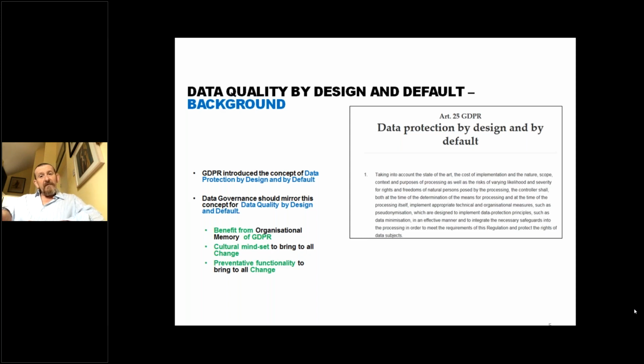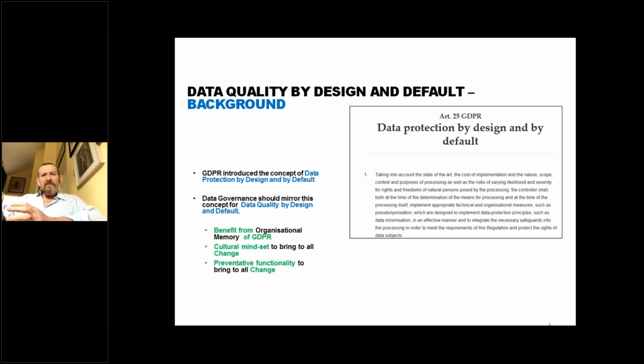So what I'm suggesting is that if that phrase is a hot phrase, a real phrase, then let's leverage that and use the same model of phrase to focus on data quality. So bring in the phrase data quality by design and default, and bring that into your change management processes alongside the data protection by design and default steps in your change process.